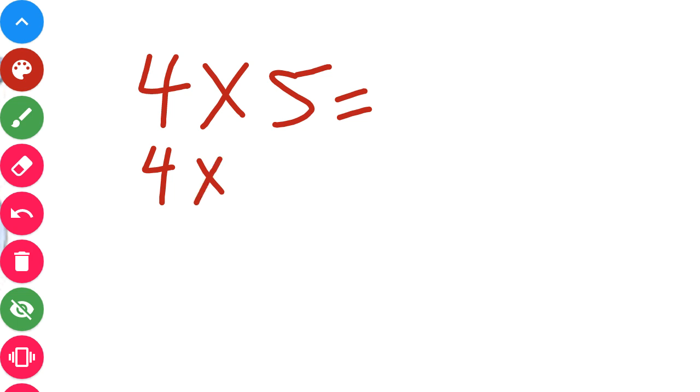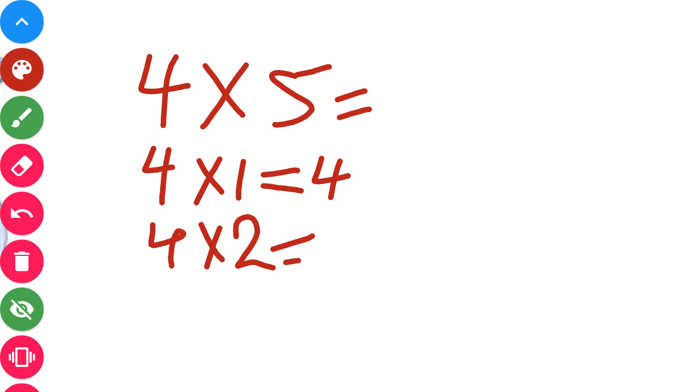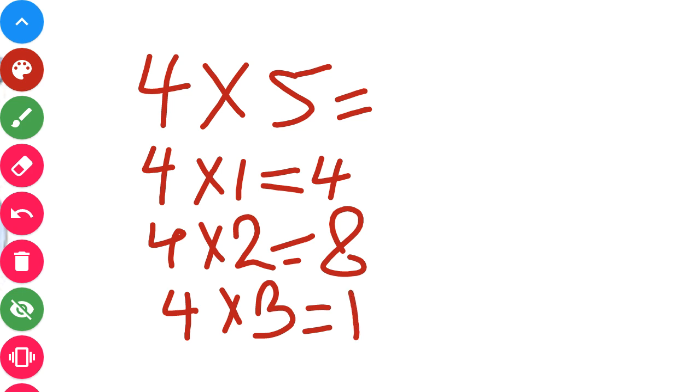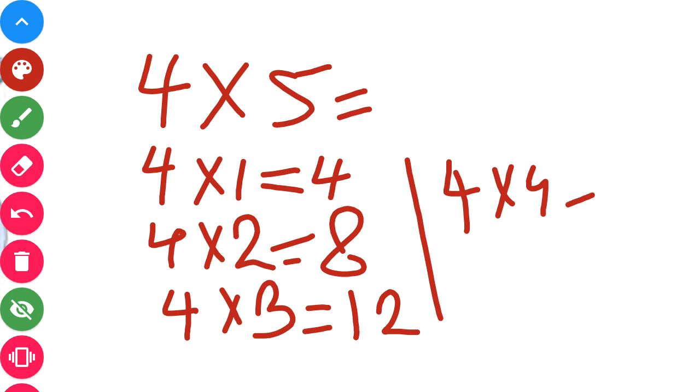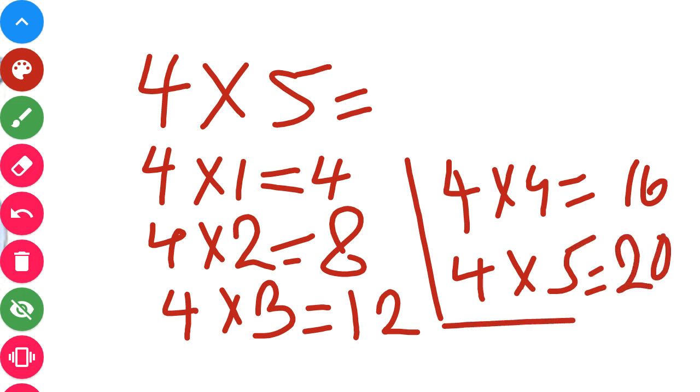So 4 1s are 4, 4 2s are 8, 4 3s are 12, 4 4s are 16 and 4 5s are 20. So 4 5s are 20. 20 is our answer. So in multiplication, what we have to do? We have to read tables. We have to count tables.